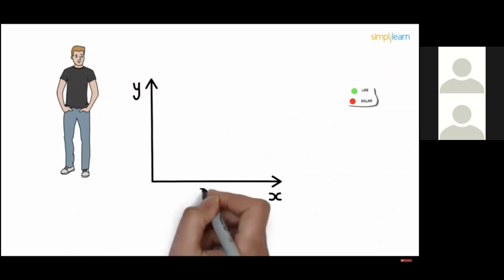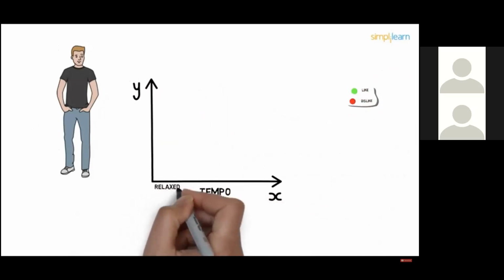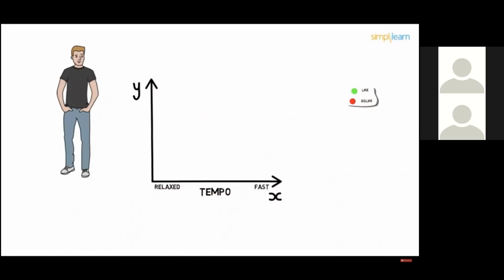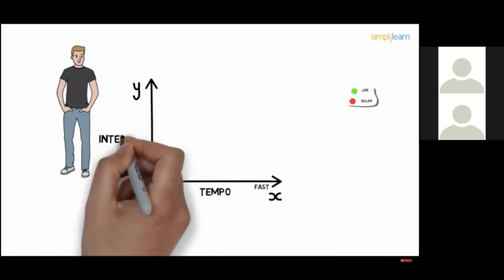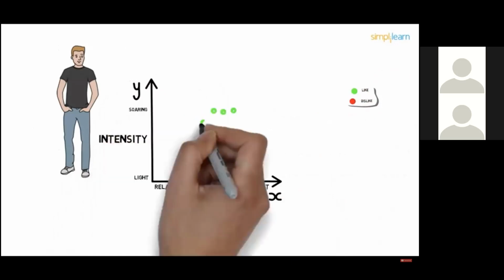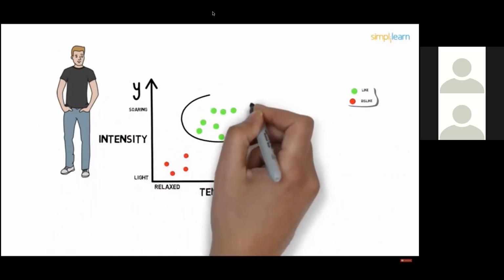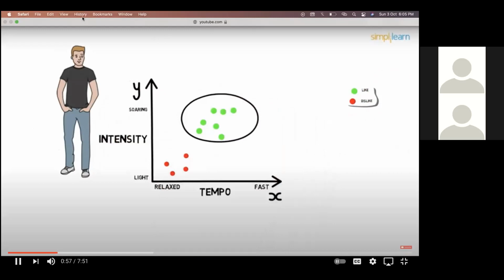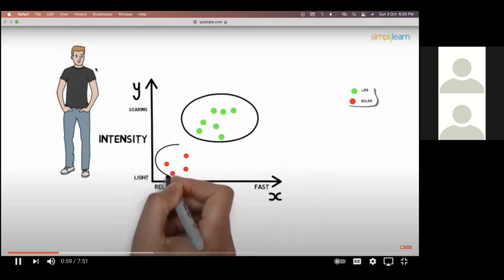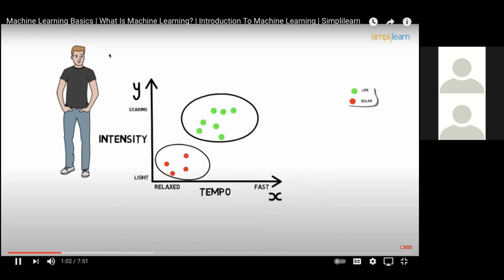So here, tempo is on the x-axis, ranging from relaxed to fast, whereas intensity is on the y-axis, ranging from light to soaring. We see that Paul likes the song with fast tempo and soaring intensity, while he dislikes songs with relaxed tempo and light intensity. So now we know Paul's choices.